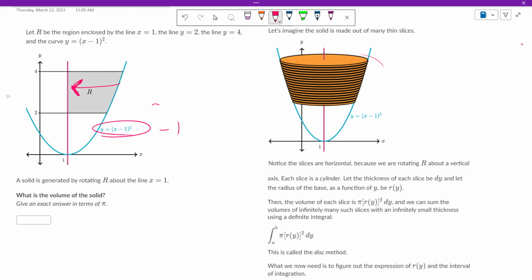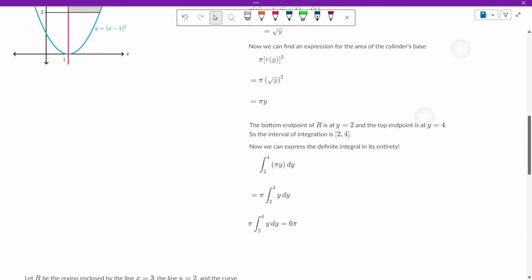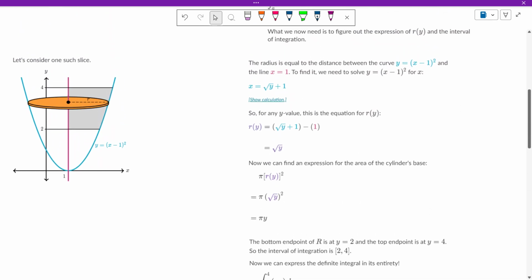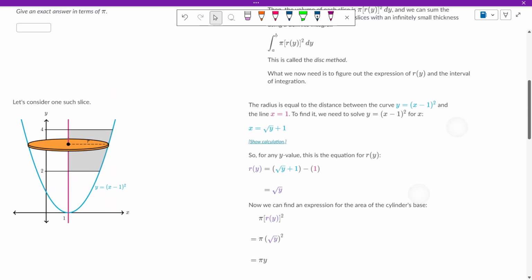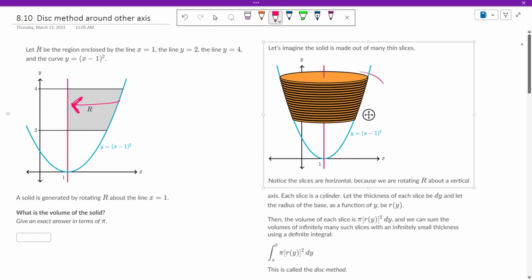So if we were on this side, then it would be 1 minus this. Okay, and we'll get to those. Just making sure I have this right because I don't want to screw it up for you guys.